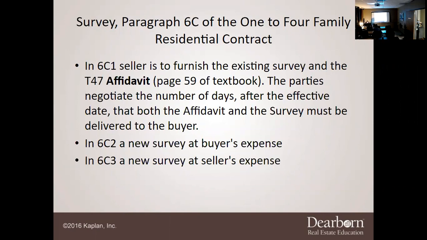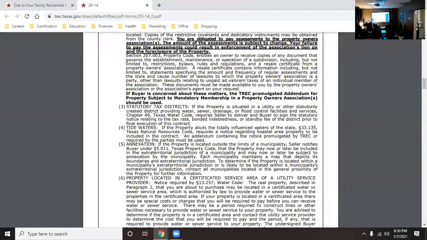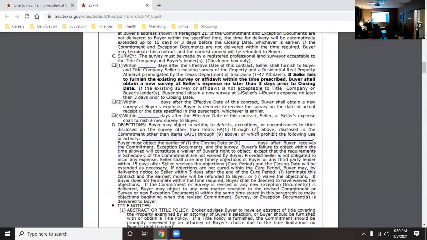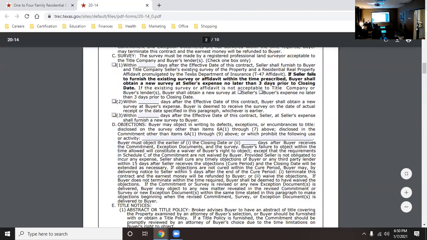The parties negotiate the number of days after the effective date that both the affidavit and the survey must be delivered to the buyer. So let's jump back over here, back to 6. When you come back up here, now we've dealt with B. We're moving here to C.